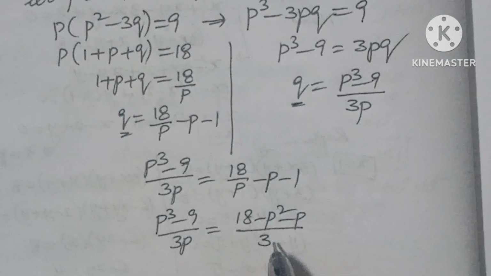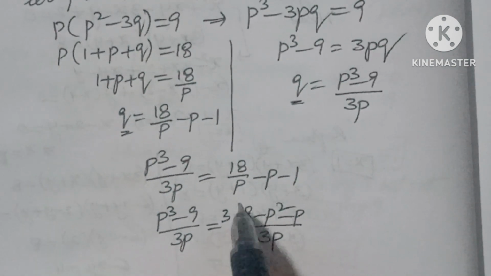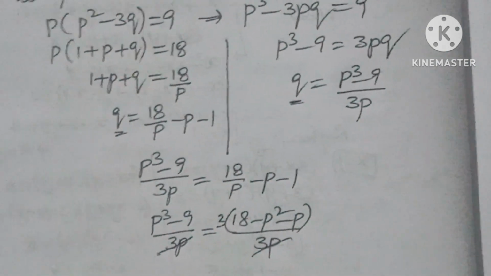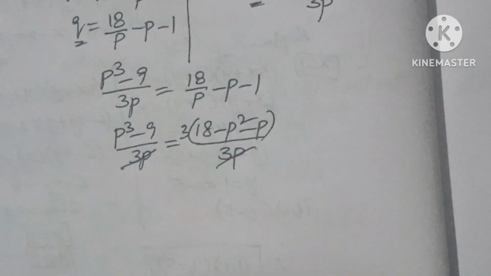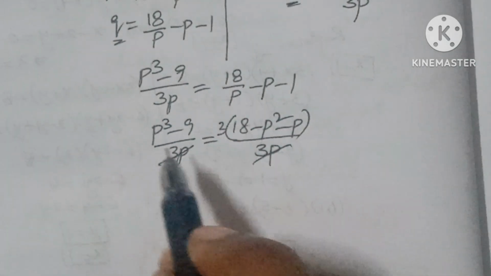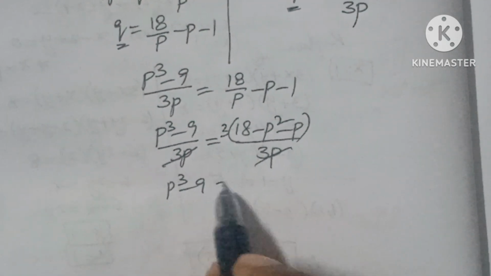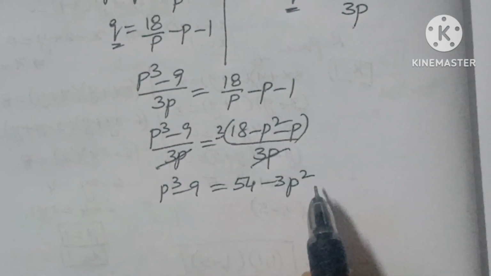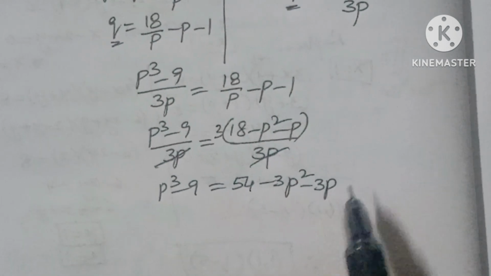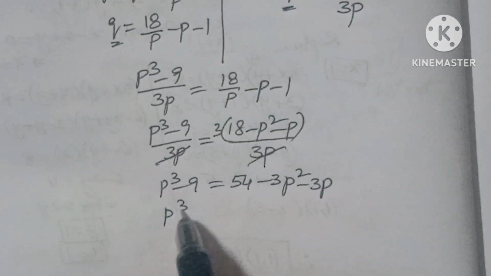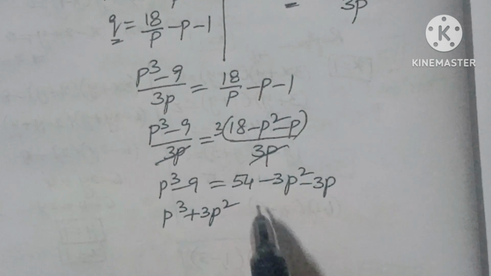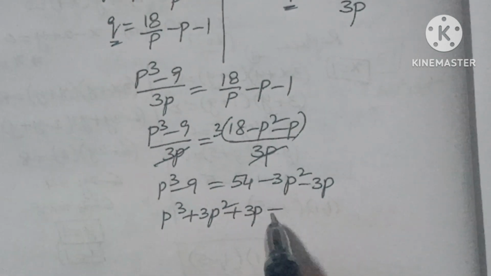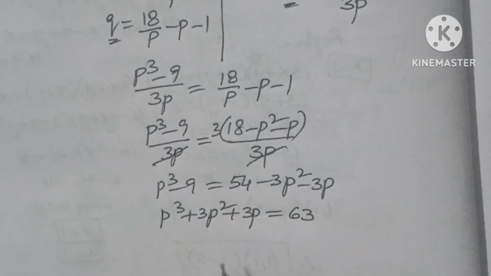Taking 3P as common, you can remove the denominators. So P³ - 9 = 240 - 3P² - 3P, hence P³ + 3P² + 3P = 249.